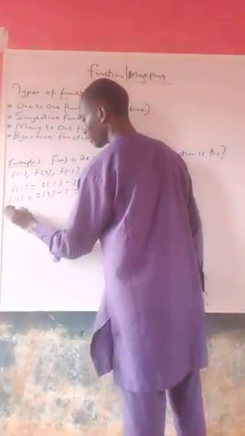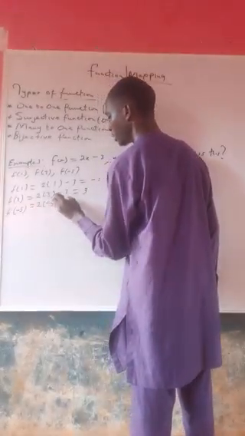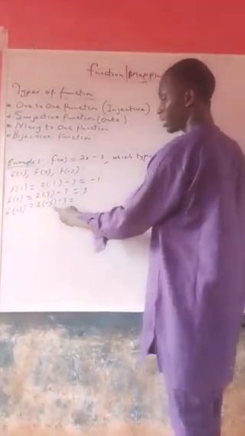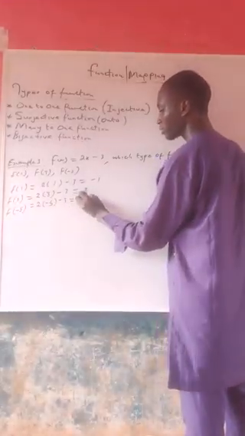And f of negative 5 will be 2 into bracket negative 5 minus 3, equals 2 multiplied by negative 5, which gives negative 10. Negative 10 minus 3 gives us negative 13.